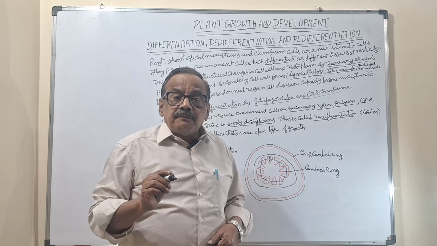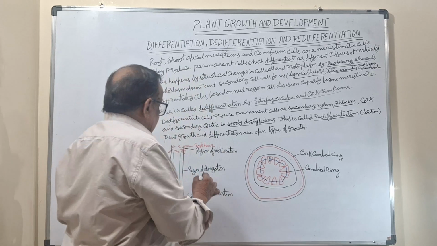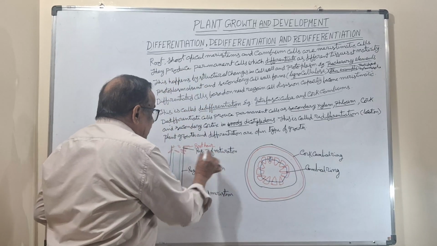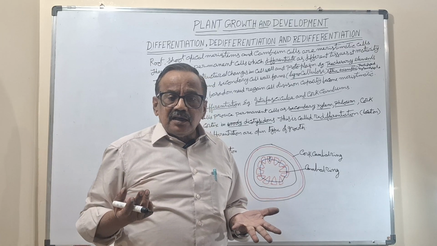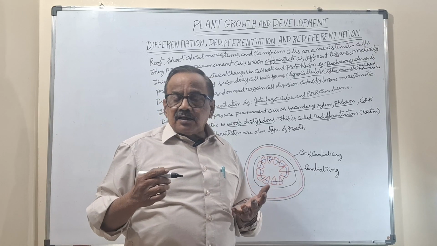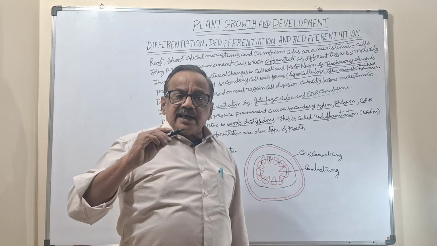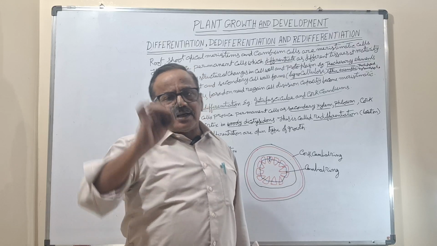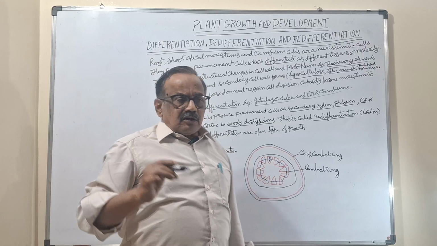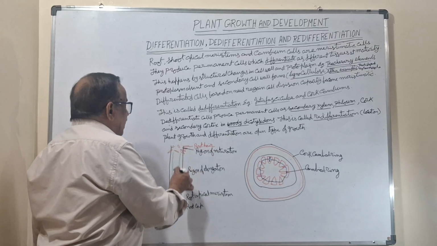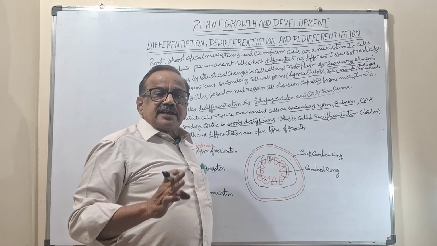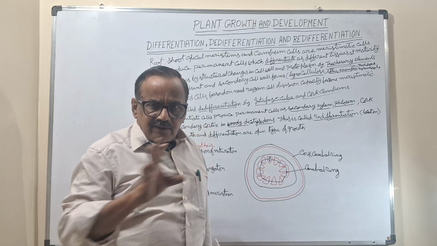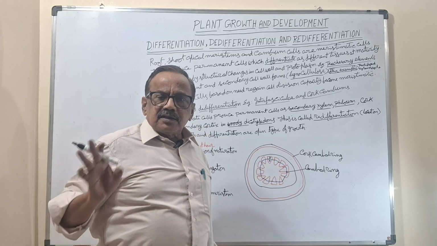How will they come? Because the cells in the region of maturation do not have dividing capacity. The cells lost the dividing capacity when they came out from the G0 stage. So differentiated cells also do not have any dividing capacity.